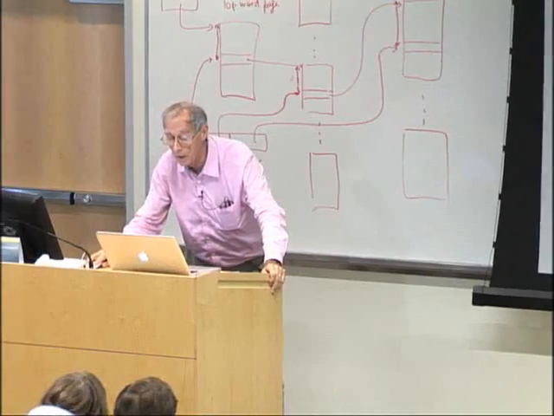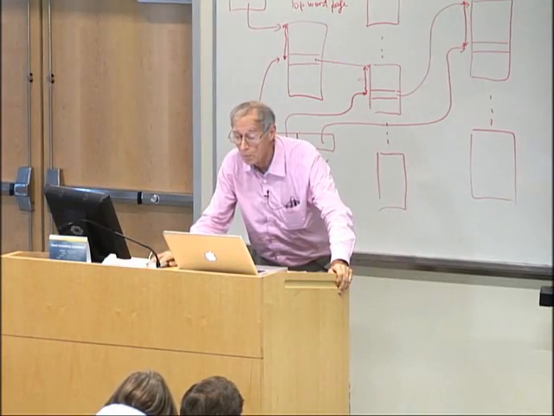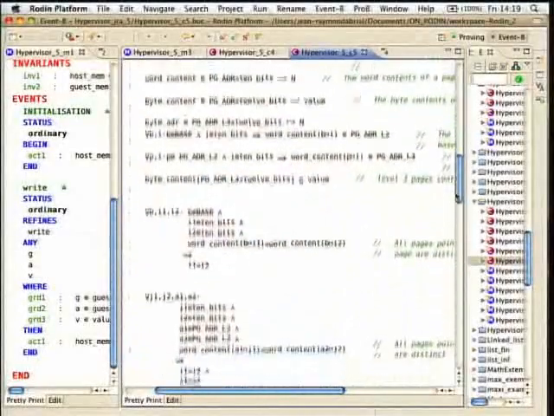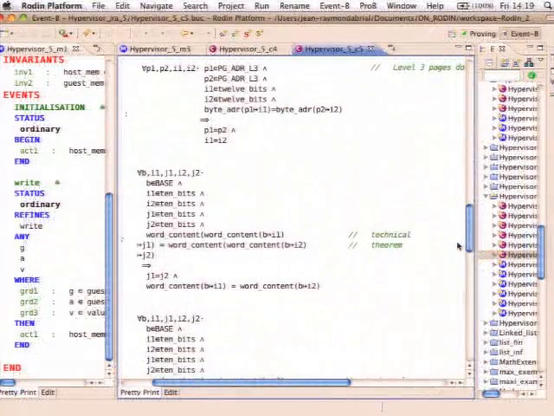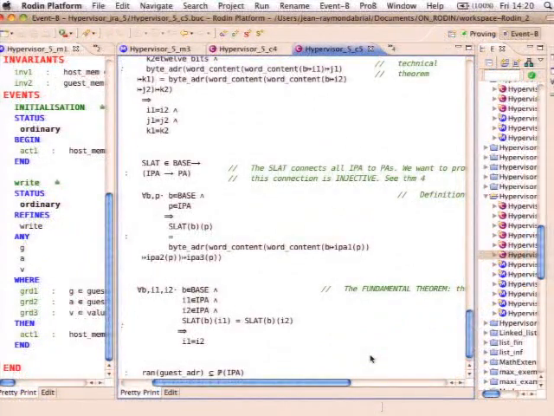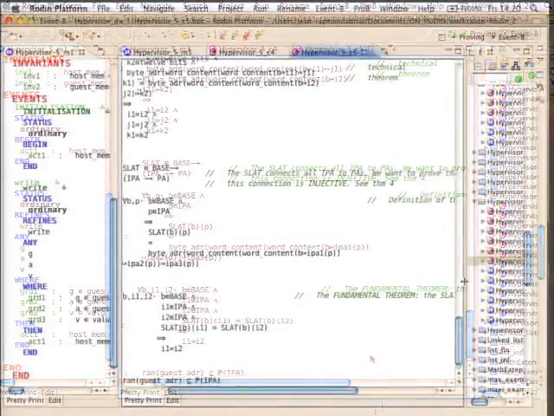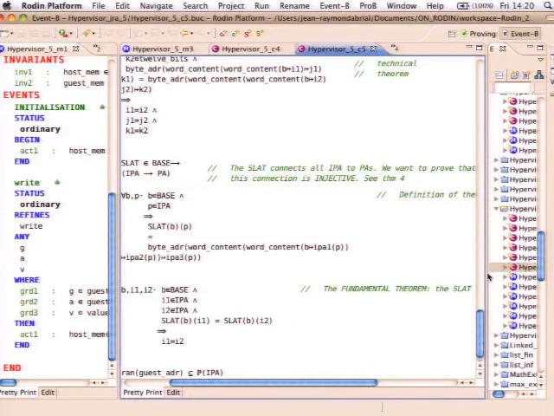And then there are, I'm not going to enter more too carefully. Here I have a number of technical theorems, but the final theorem, the fundamental theorem, which has been proved, is that the slat is injective.